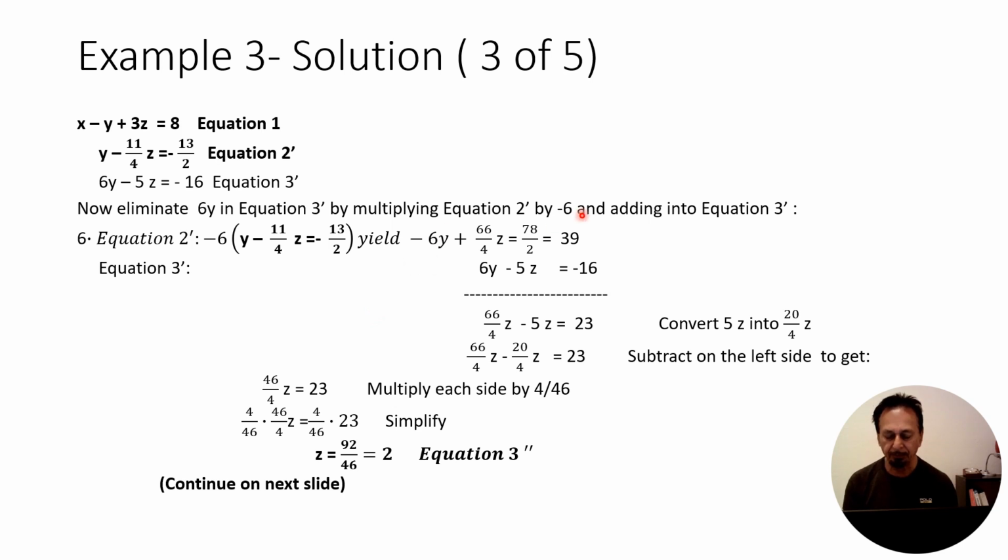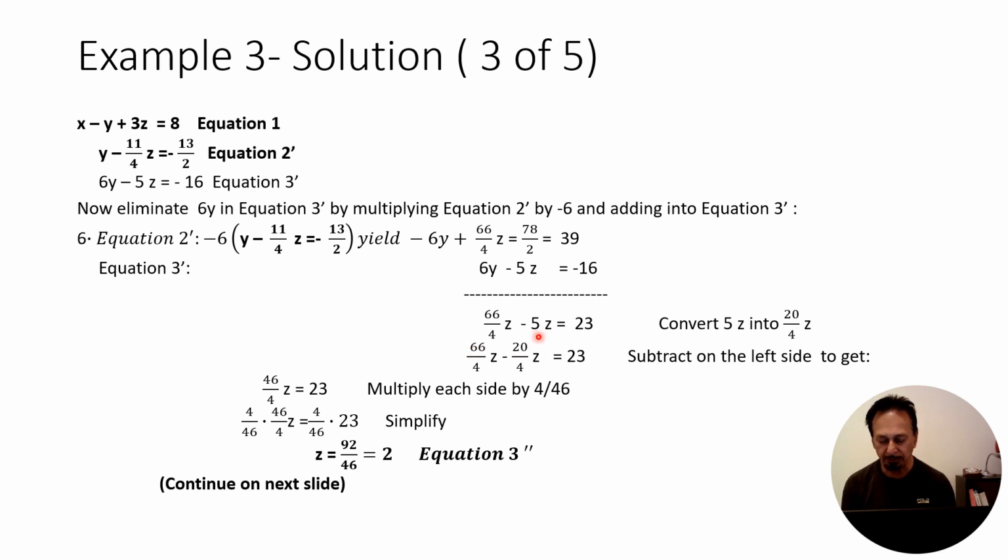Now we can add this to equation 3. So equation 3 prime is 6y minus 5z equals minus 16. So minus 6y plus 6y cancel out, and you have 66 over 4z, and we subtract 5z, and then we have 39 minus 16, so it becomes 23.